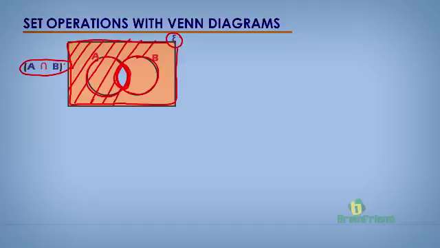It is all of this area shaded, with the exception of the area not shaded. And that is the Venn diagram of our relationship, the complement of A intersection B.